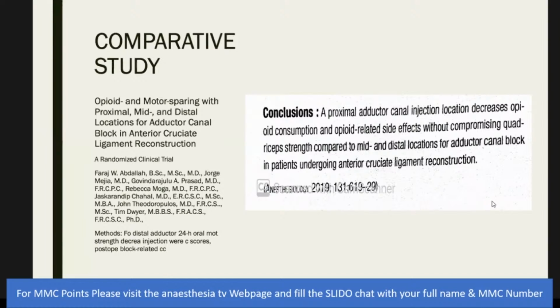They found proximal adductor canal injection location decreases opioid consumption and opioid-related side effects without compromising quadriceps strength compared to mid and distal location for adductor canal block in patients undergoing ACL reconstruction surgery.